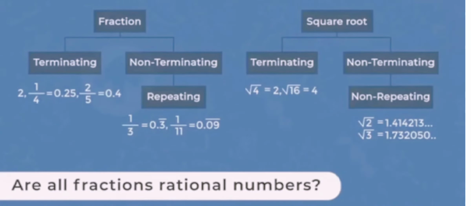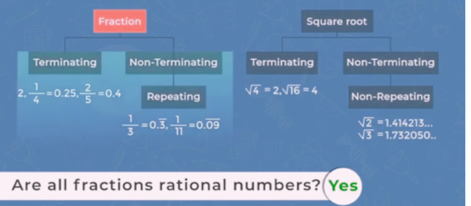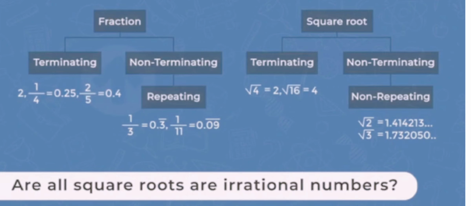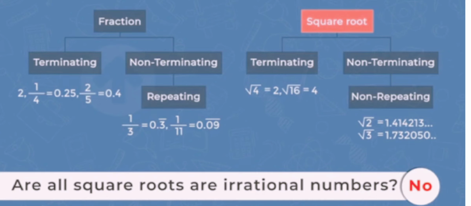Are all fractions rational numbers? Yes. Why? Because the decimal expansion of fractions is either terminating or repeating. Are all square roots irrational numbers? No. Why? Because some square roots terminate and some do not terminate.